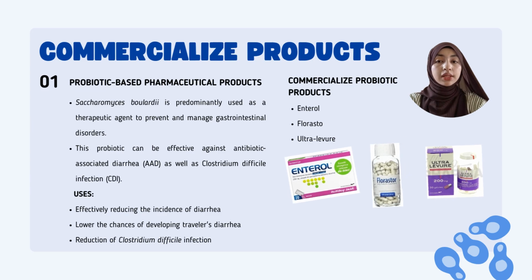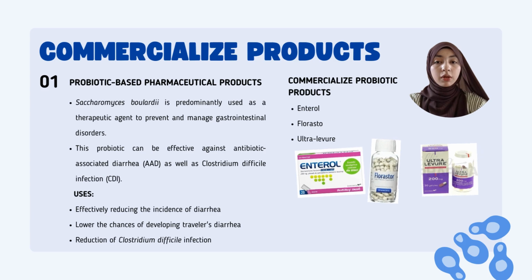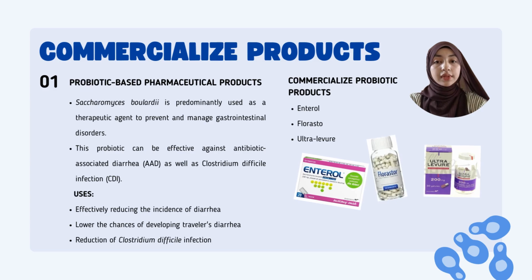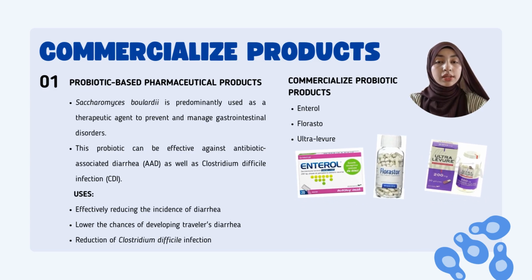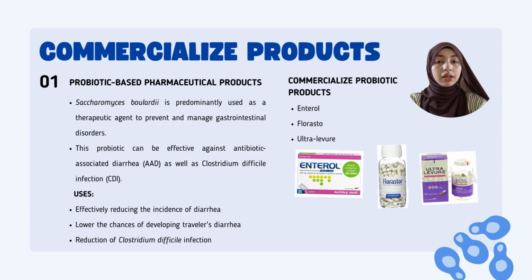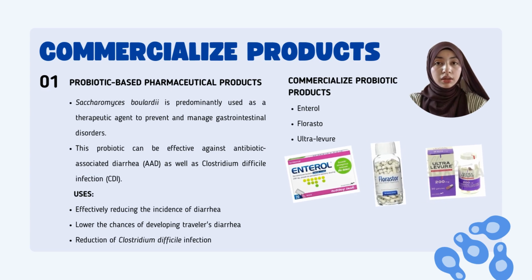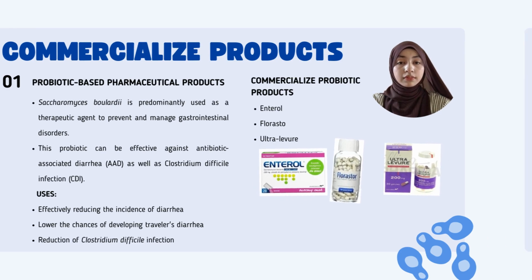In terms of its use, it effectively reduces the incidence of diarrhea, lowers the chance of developing traveler's diarrhea, and also reduces Clostridium difficile infections. Examples of the commercialized probiotic products that can be found in the market include Enterol, Florastor, and Ultra-Levure. They are available in capsule or powder form.